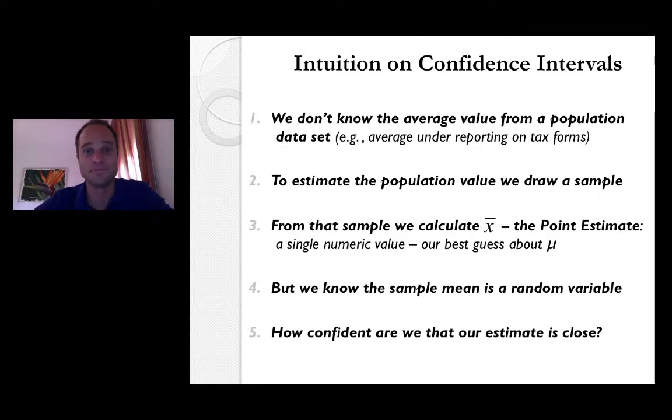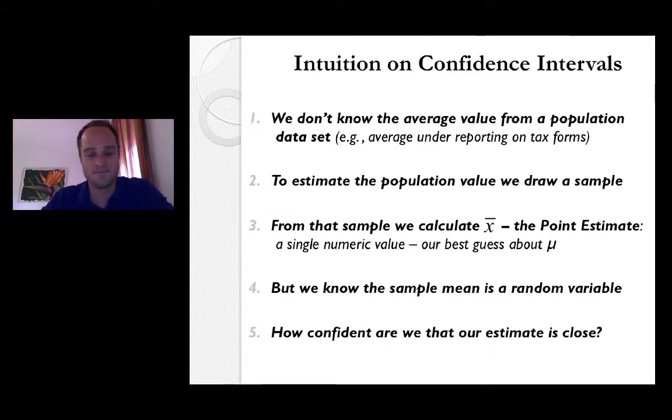We have x bar, this numeric value, and this is our best guess, because we know that x bar is random, right? It's a sample statistic that results from a certain sample size drawn from a population. Well, we could take that same sample size, but different observations, different people. In the tax forms example, a different 1,000 people would get a different x bar.